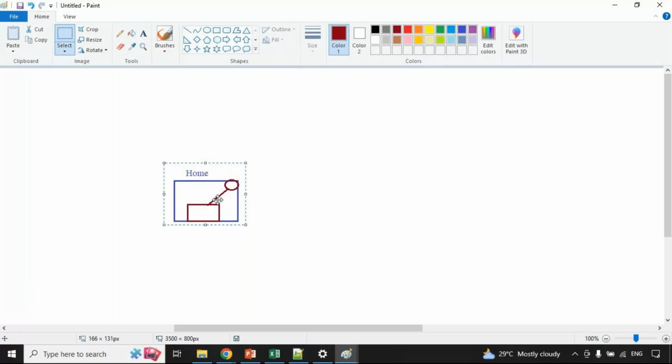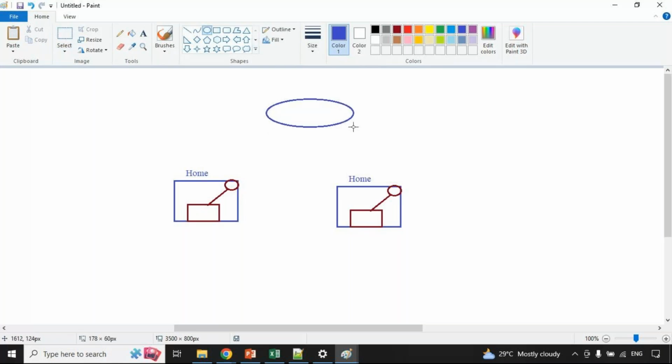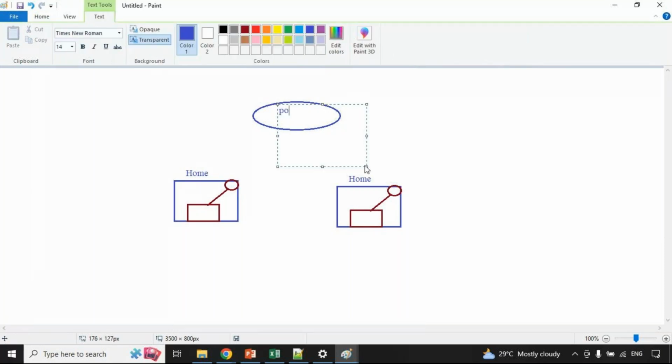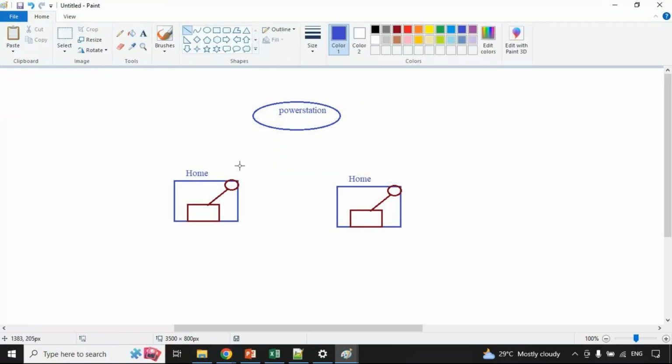For your home, you are getting the power from the nearby power station. In your village, there will be a power station. From there, you are going to get the power to your home.